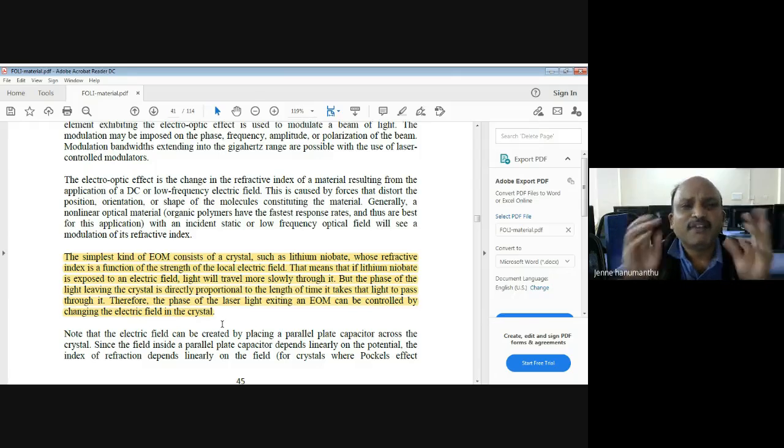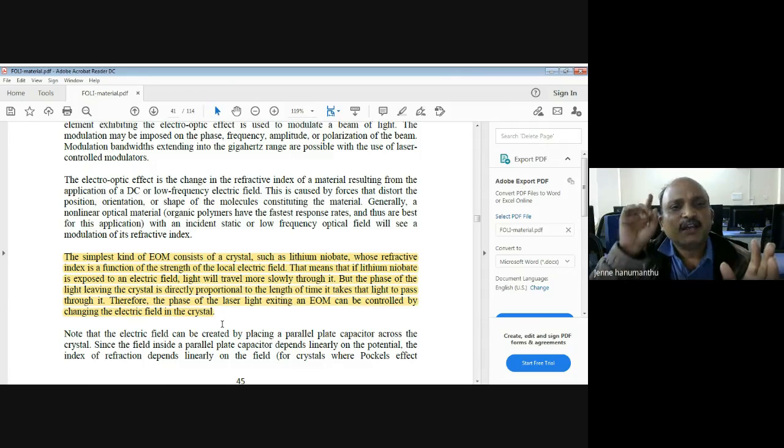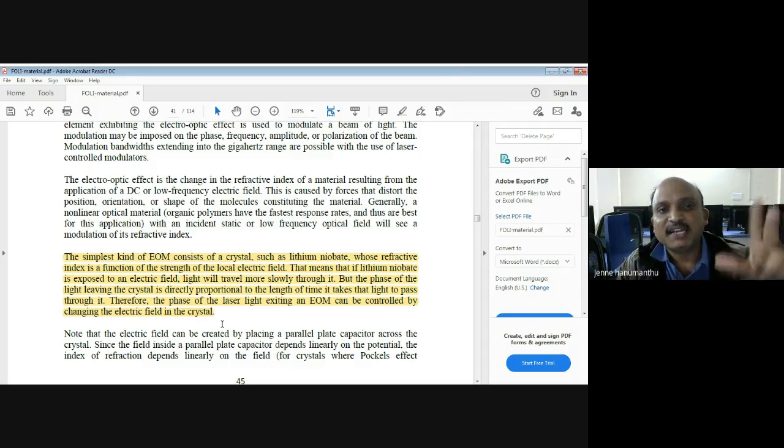Very simple. In this electro-optic modulator, there is a crystal and some arrangement of Pockels cells. There are two inputs to the modulator. One input is the electrical signal, which is controlled by ourselves manually or automatically, and another input is the light beam, which is going to be modulated.